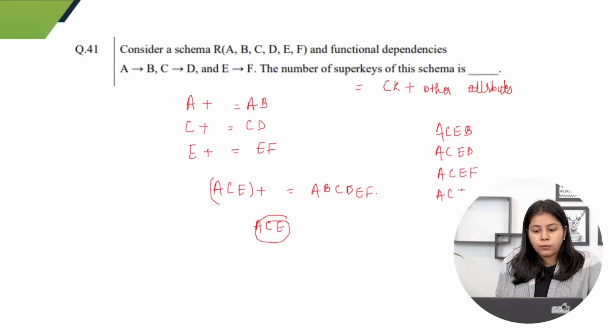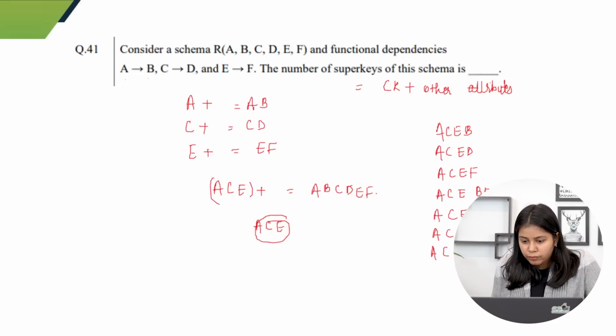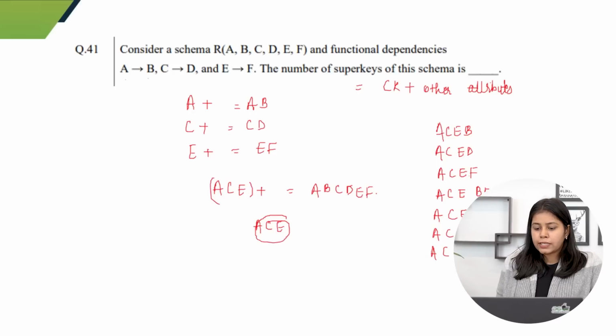Now I can take two values: ACE with BD, ACE with DF, and ACE with BF. Then I can take BDF together, ACE with BDF.